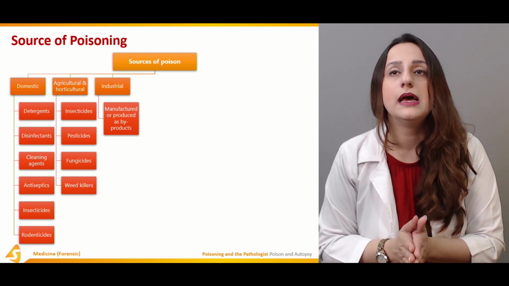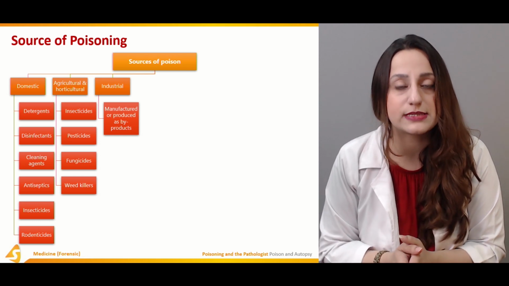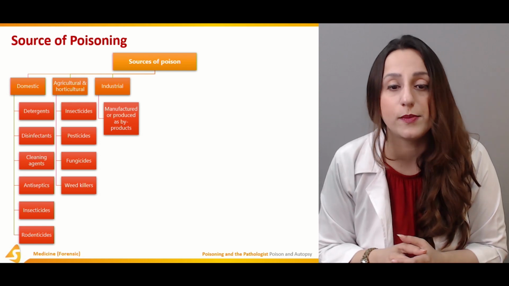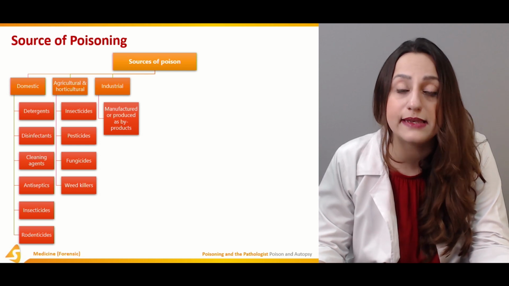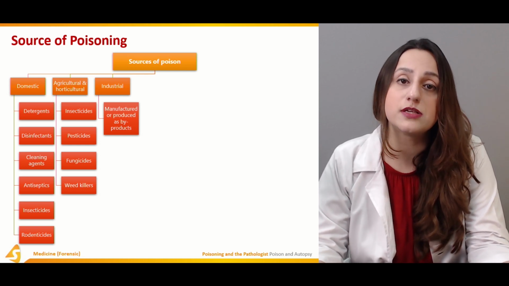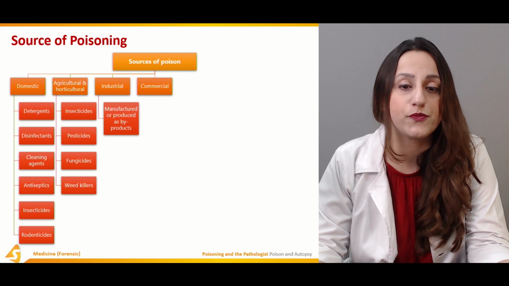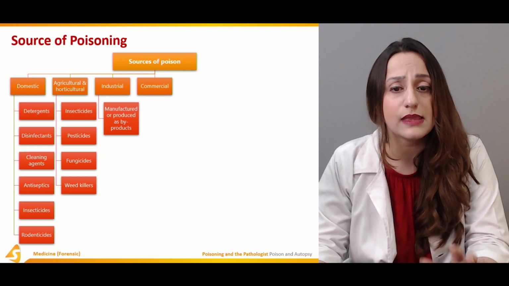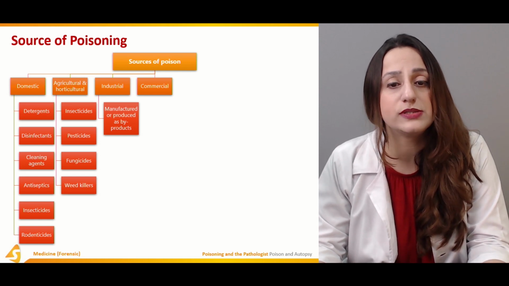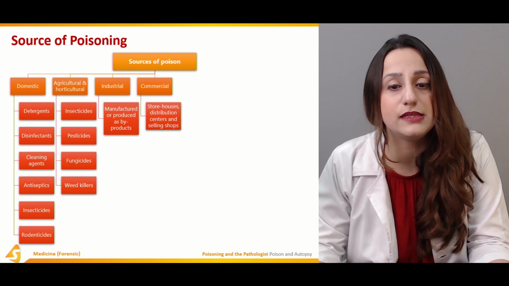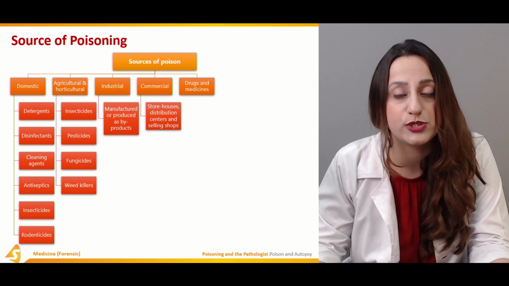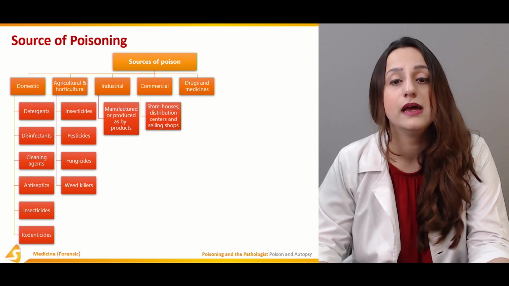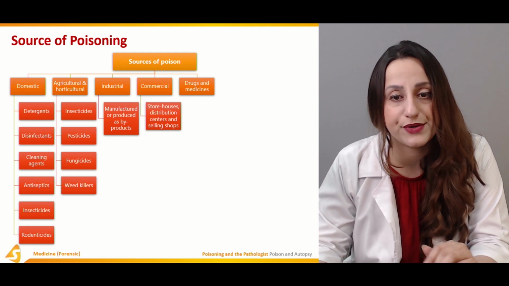For example, organophosphorus poisoning can be really common in this industrial type of poisoning. Lead and phosphorus are also industrial poisons. Whenever we talk about commercial poisons, it's basically the storehouses, distribution centers, and selling shops. And then we have the drugs and medicines on the other hand.